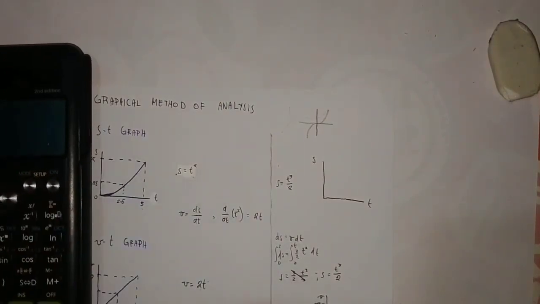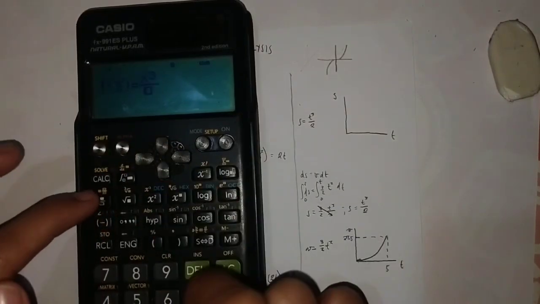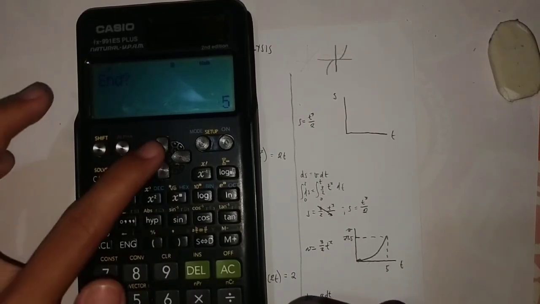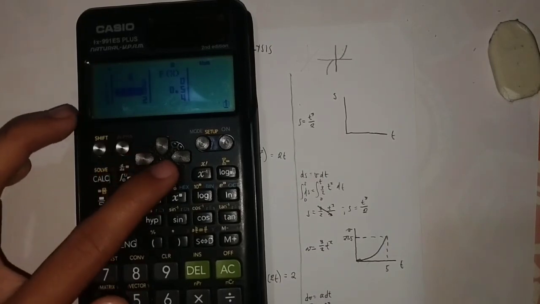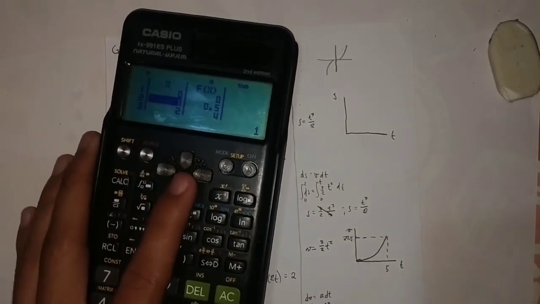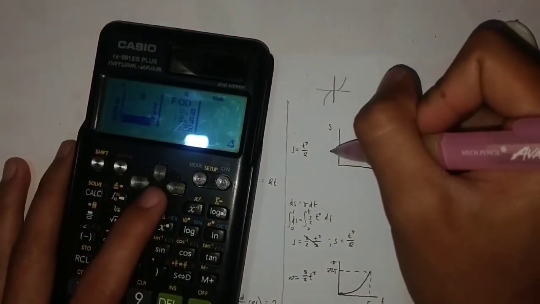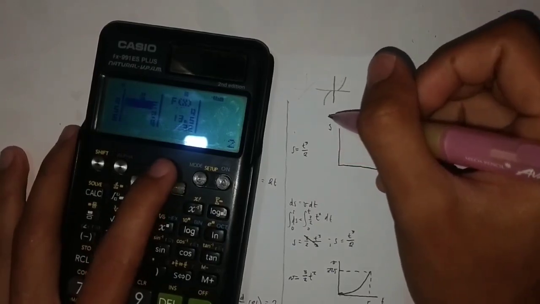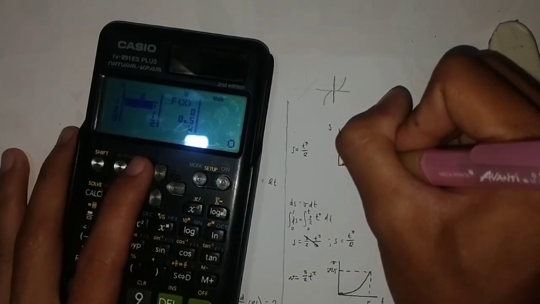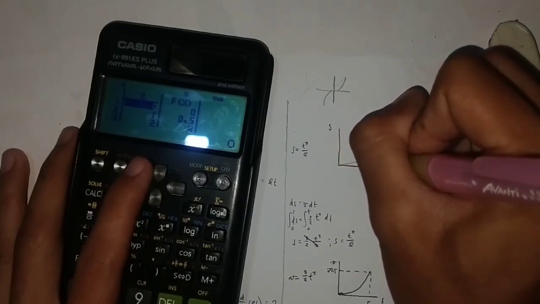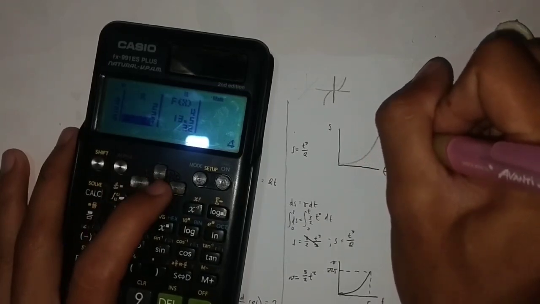So this is the graph of a cube, just like a parabola. So we'll be able to graph t cubed over 2 from 0 to 5. Let's see here. We have from 0, and then at 1 second it is 0.5, and then it slowly rises to 4, and then 13, 32, and so on.